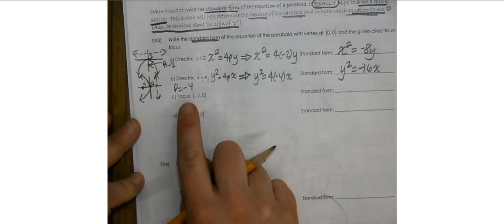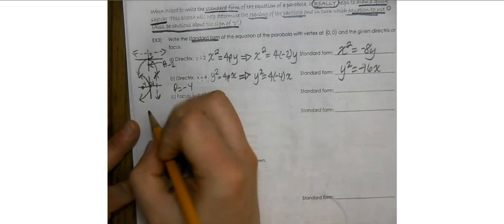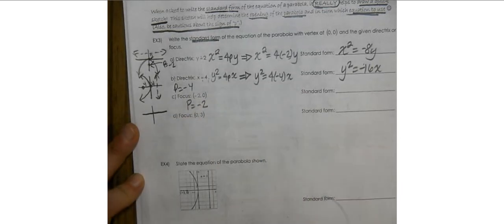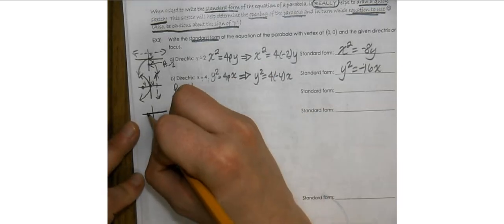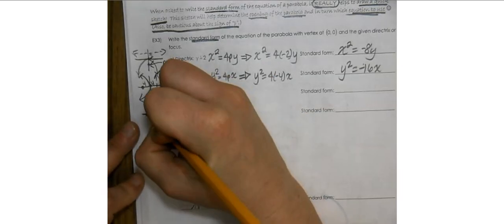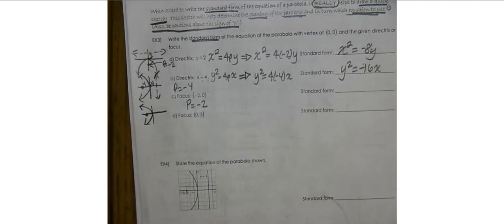Let's go ahead and look at letter C. For letter C, our focus is located at -2, 0, which is nice. We know our focus is going to be -2. What we need to decide is what is the orientation of our parabola. So -2, 0 is going to be located right here, which indicates that our graph is going to be pointing to the left because our parabola always hugs our focus.